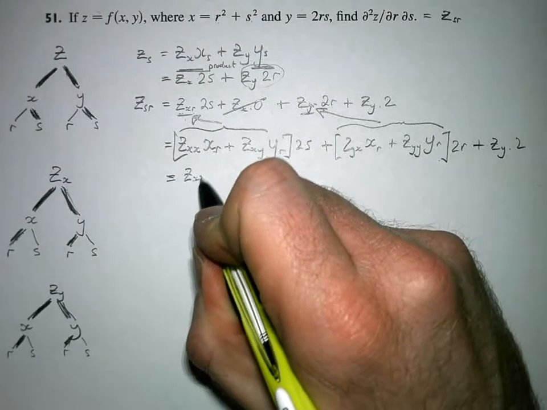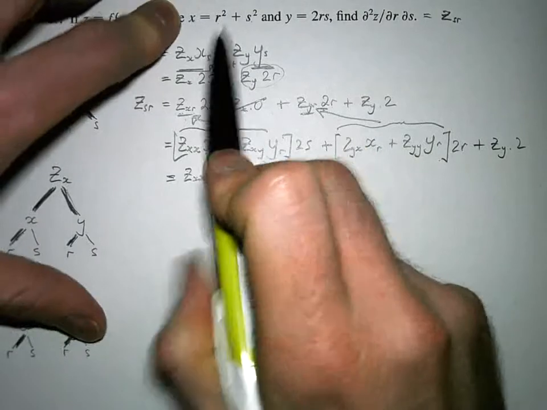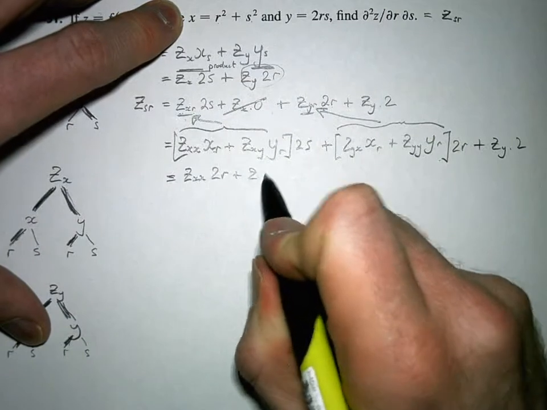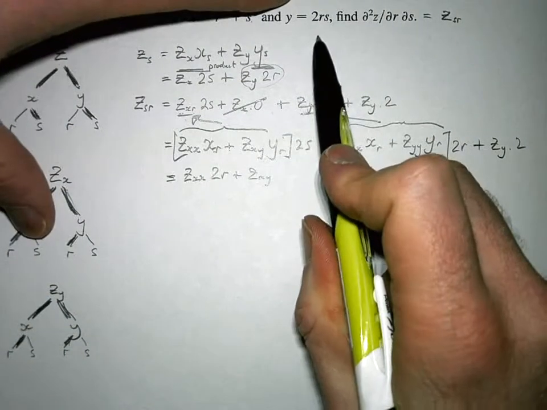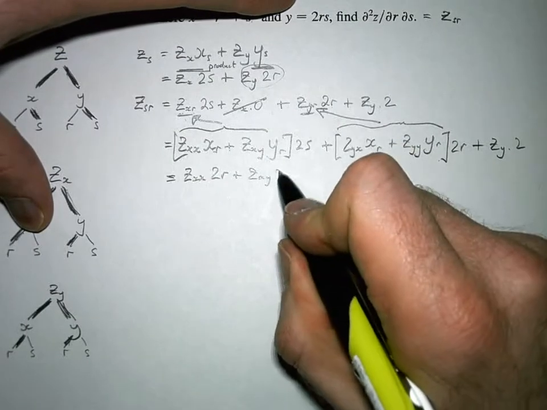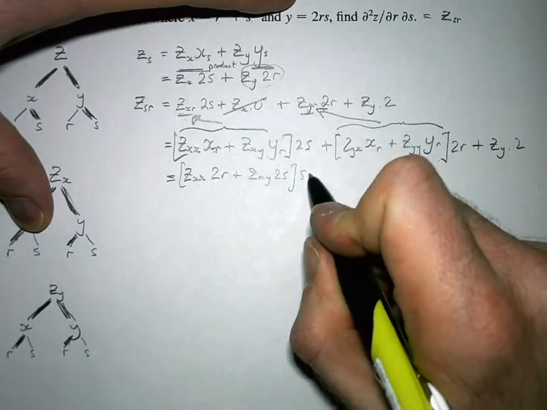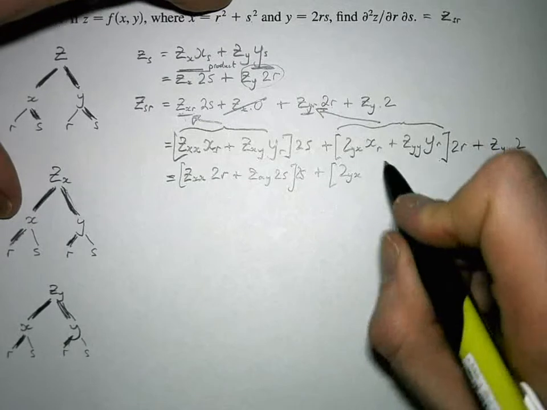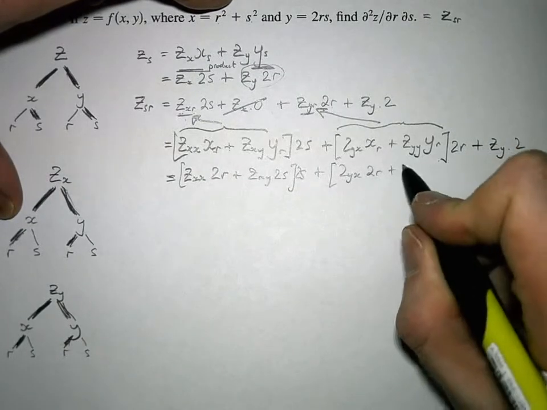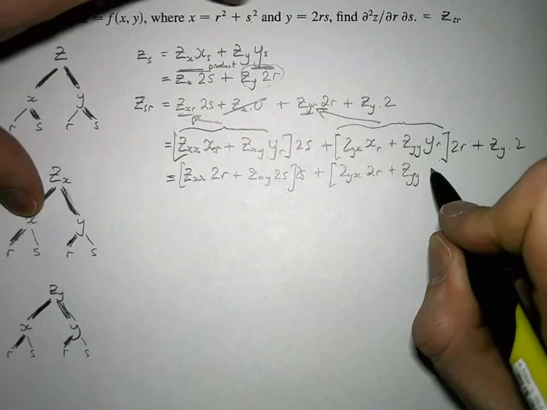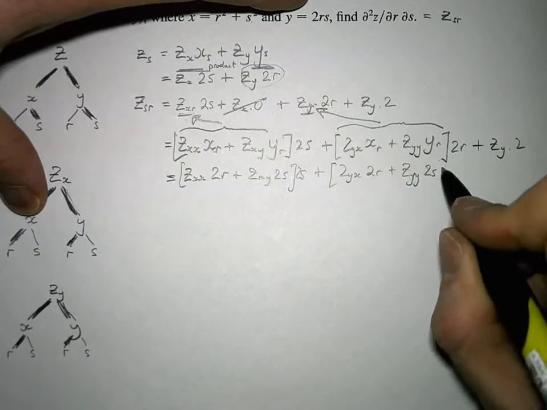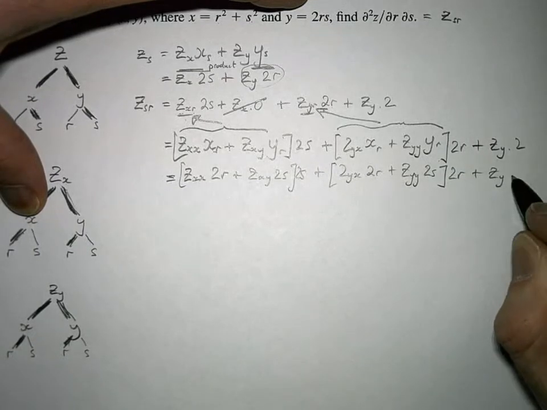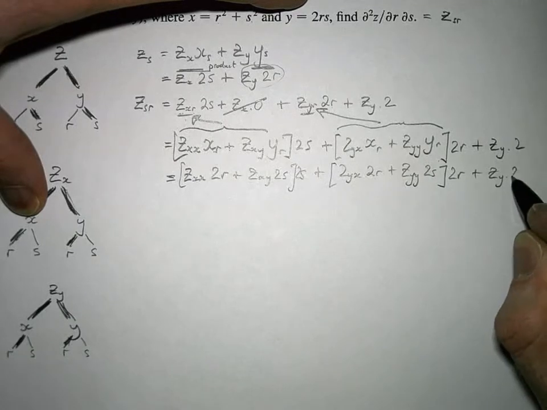So we get z double derivative xx, xr, so x differentiated with respect to r is going to be 2r, plus z subscript xy, y differentiated with respect to r is going to be 2s, and that's all still multiplied by 2s, plus z subscript yx, x differentiated with respect to r is 2r, plus z subscript yy, y differentiated with respect to r is going to be 2s, and we're going to multiply that by 2r, plus, and we've still got this over here, z differentiated with respect to y times 2.